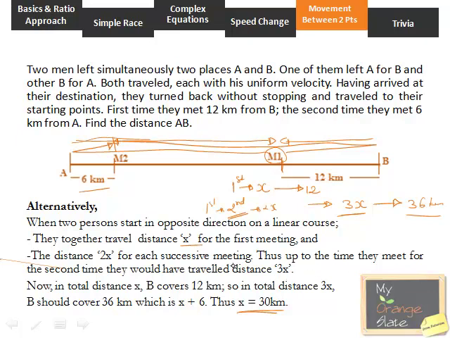Thus up to the time they meet for the second time, they would have traveled total distance of 3x kilometers. Now in the total distance x, B covers 12 kilometers, so in total distance 3x, B must cover 36 kilometers, which is x plus 6, thus x is equal to 30 kilometers.